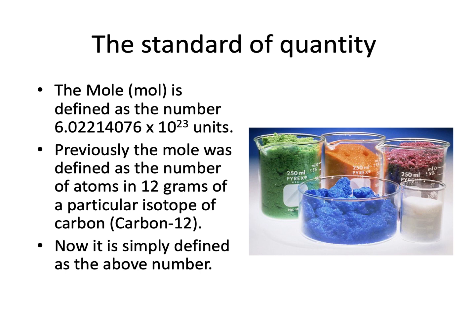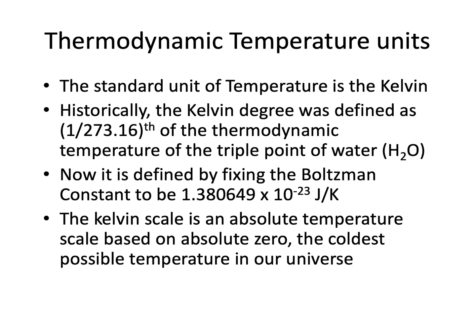But long story short, what you need to know is that a mole is just this really big number, and you don't need to know all of these digits. Most people just remember 6.02 or even 6.022 times 10 to the 23rd, and that's a pretty reasonable approximation for a mole. Next, we can talk about thermodynamic temperature units, and the standard unit of temperature is the Kelvin.